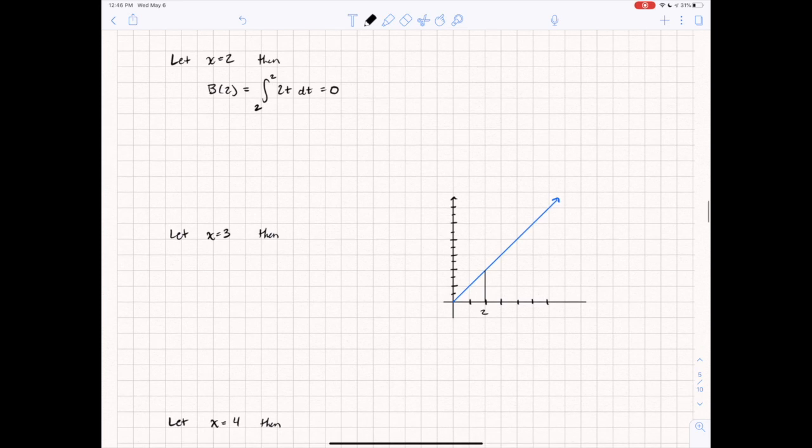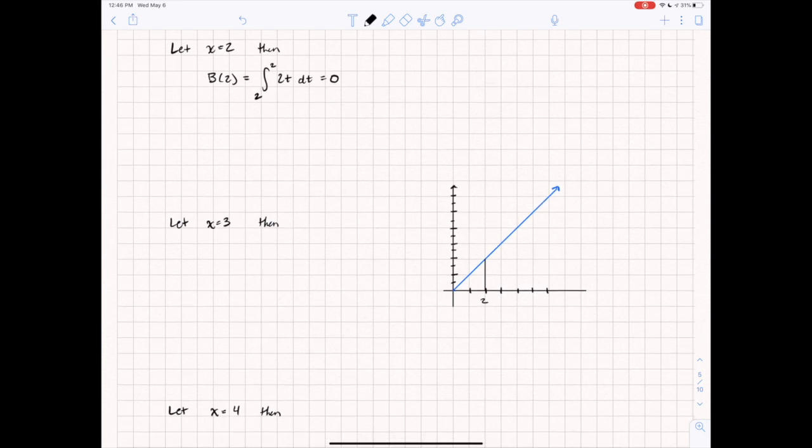All right, but what about when x is equal to 3? Now I've got something a little bit more interesting. I'm essentially finding b of 3, which is the integral from 2 to 3 of 2t dt. So I'm going to draw that boundary line for x here at 3, and the region in question that I'm trying to find is this one.